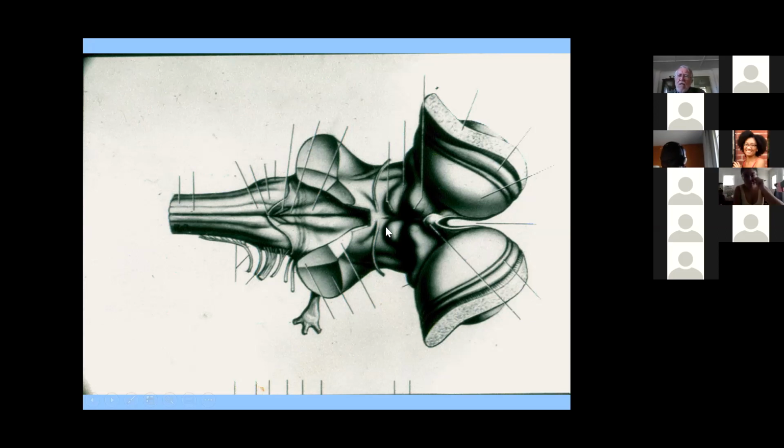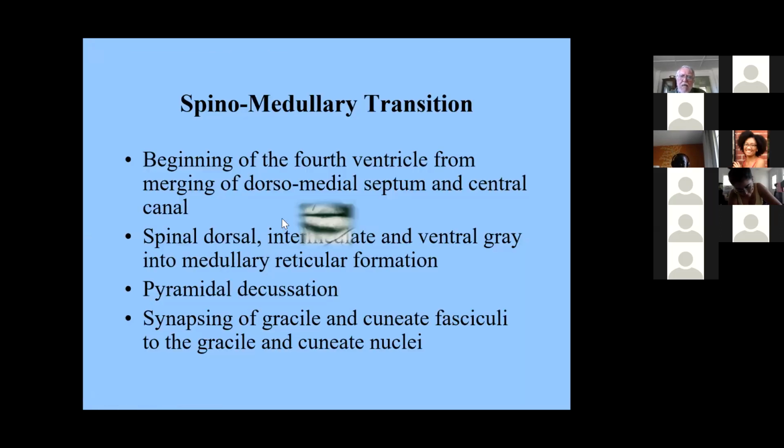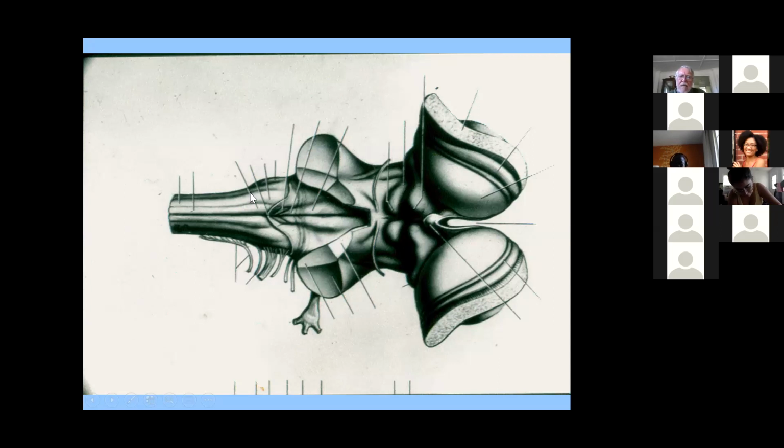Then we're seeing the dorsal surface of the midbrain with the superior and inferior colliculi and a trochlear nerve and the superior cerebellar peduncle. Then we have the dorsal surface of the pons looking into the fourth ventricle. And then we are looking at the dorsal medulla. And we see the end of the fourth ventricle with the obex, and we can see the gracile nuclei and the cuneate nuclei.